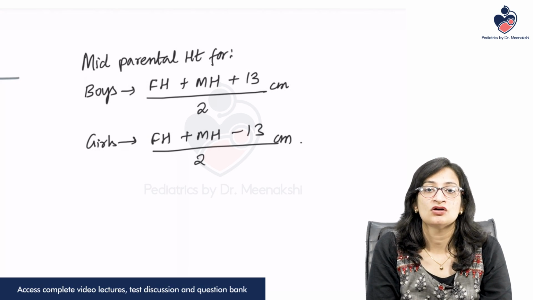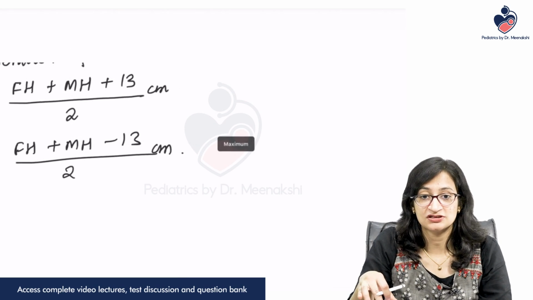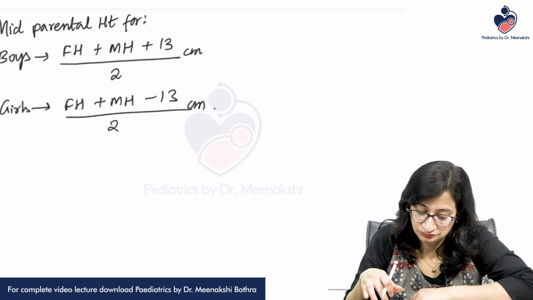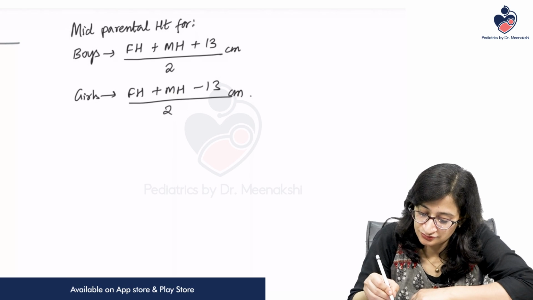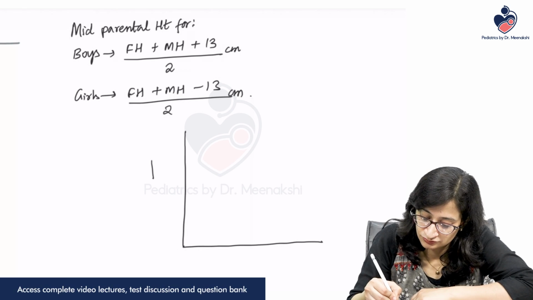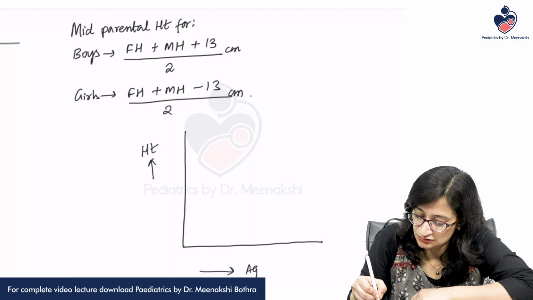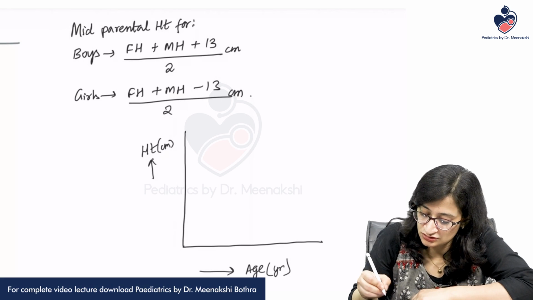Okay. Now, how do you get the target height? So just to give you an example to understand this concept. So, say it is a growth chart, where you have the height and you have the age in years, height in centimeters, of course.